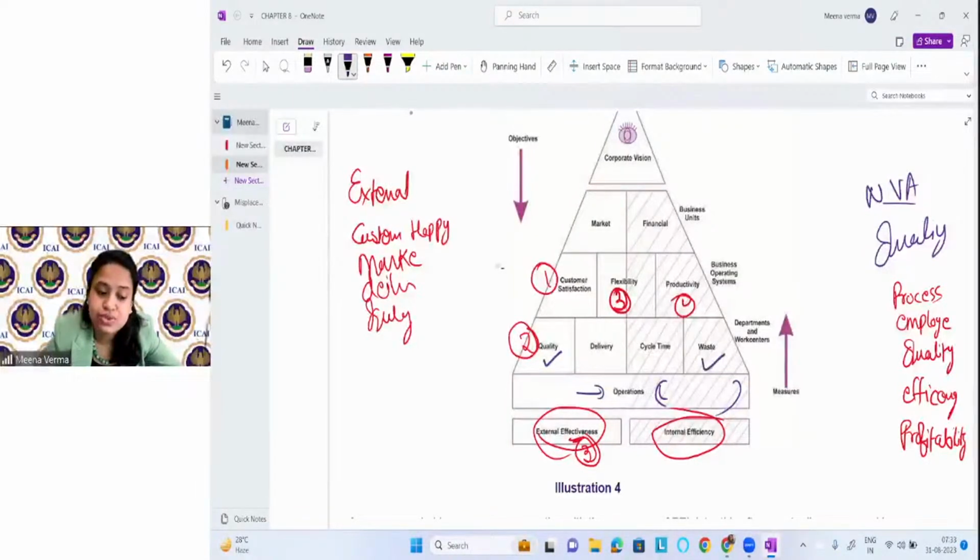Waste has reduced. Cycle time is improved. Delivery is improved. You have the figure for everything, right? They have given you data for reducing the waste. They have given you data for improving the cycle time. They have given you the data for improving the delivery. They have given you the data for improving the quality. You have the data of everything, right?